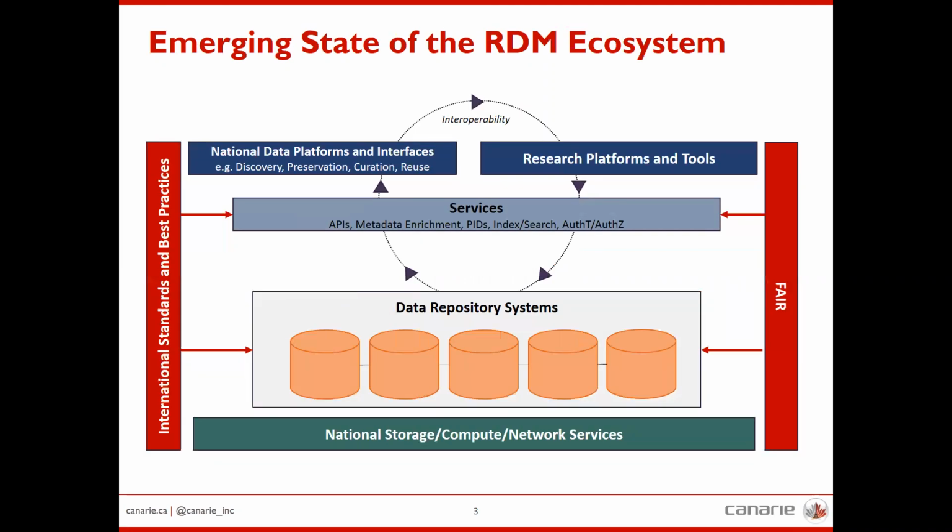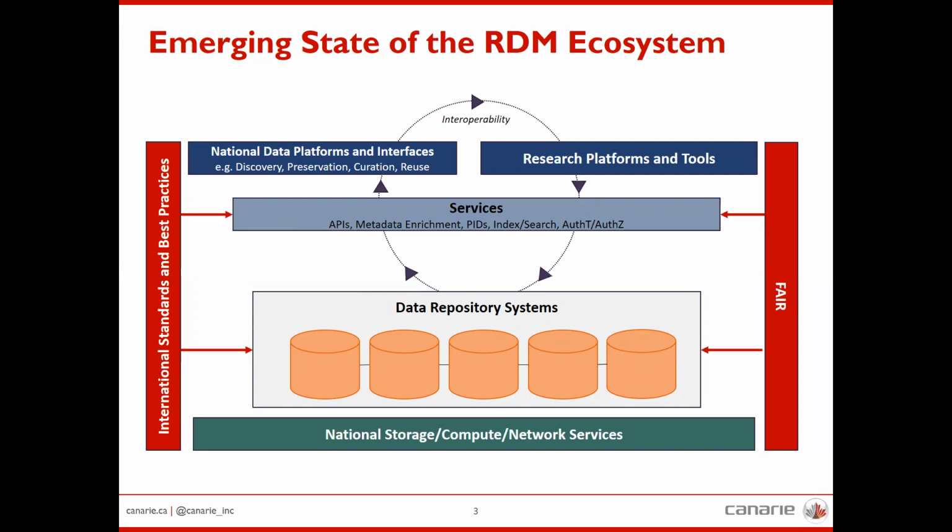I think the emergence of large interoperable systems in other jurisdictions such as Europe and Australia and elsewhere, as well as recent Canarie funding and other Canadian funders, has helped to facilitate greater interoperability and intersections between systems. Not only that, but also international standards and best practices are being discussed and developed in communities like the Research Data Alliance, or RDA.